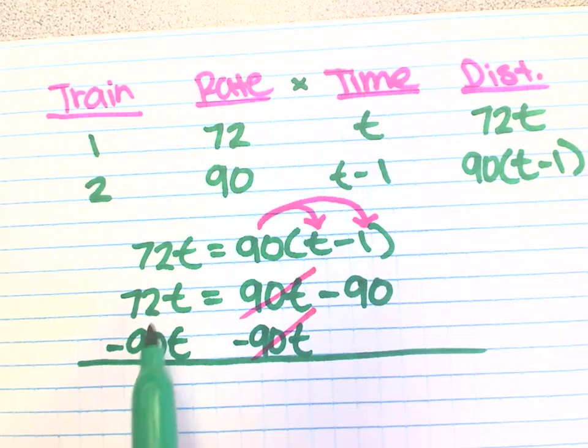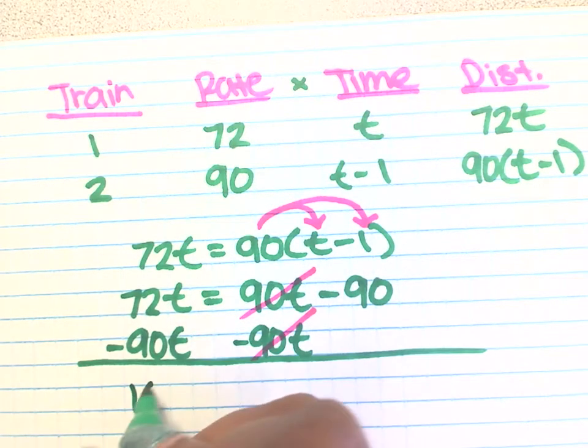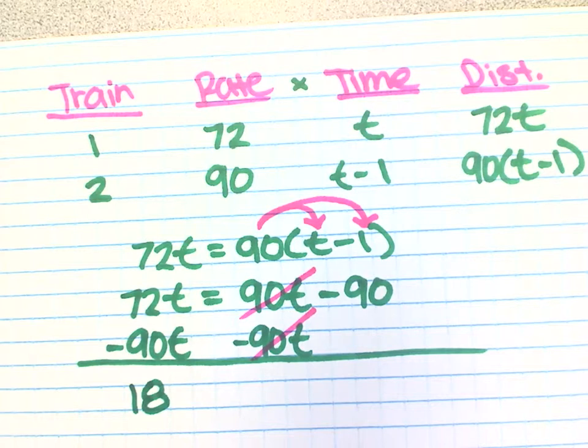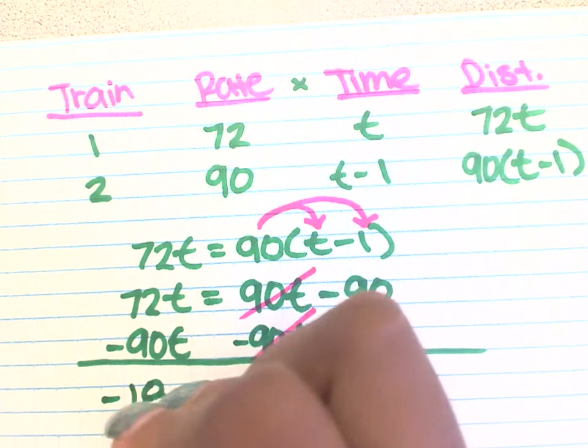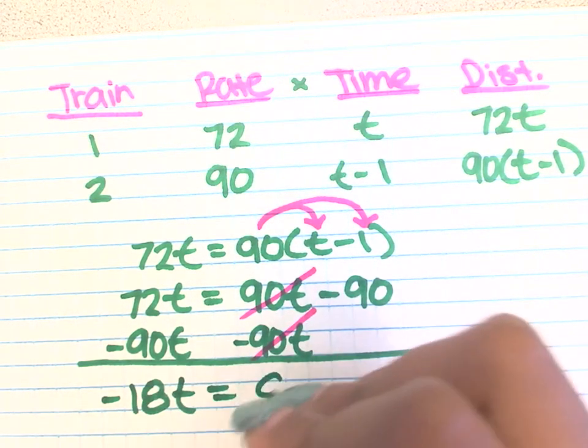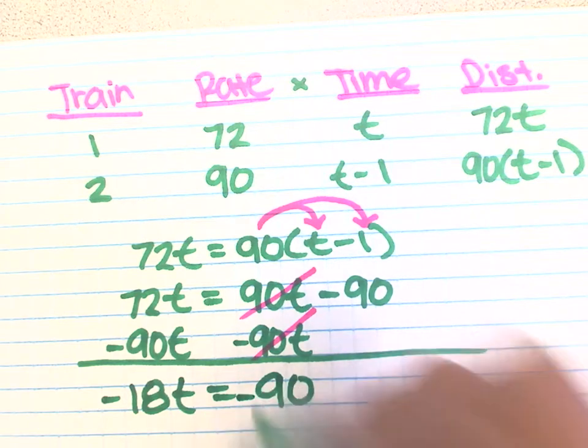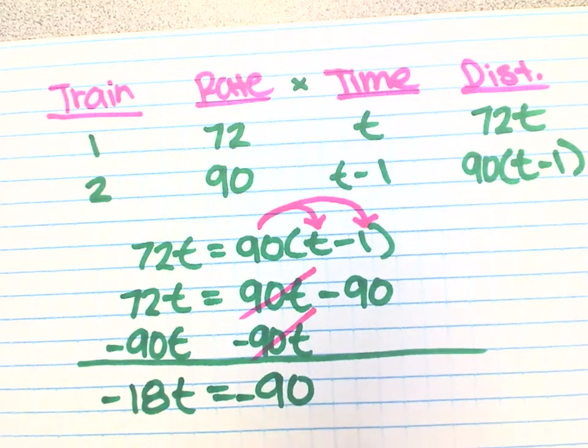So now I have 72 minus 90T. Same signs add and keep, different signs subtract. They're different signs, so I'm going to subtract. 90 minus 72 is 18. And I have to keep the sign of the higher number, so it's negative 18T equals negative 90. That's what I'm looking for here.